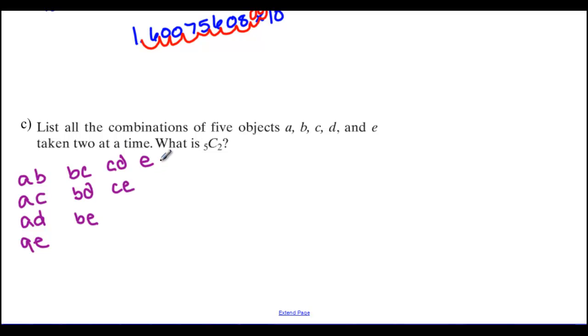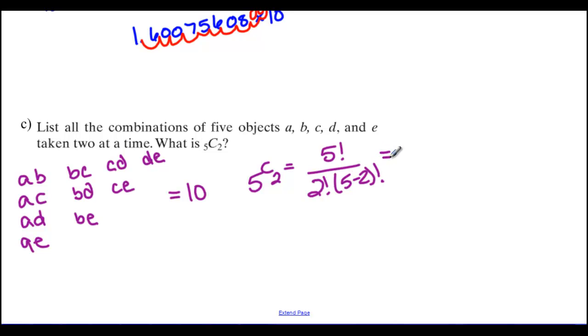Now we're going to pair D. D has been paired with A, B, and C so far, so D and E will go together. And those are all the combinations because E has been paired with everything at this point. So we've ended up with only 10 this way. And if we do 5C2, so 5 factorial over 2 factorial times 5 minus 2 factorial, which will be 5 factorial over 2 factorial times 3 factorial.